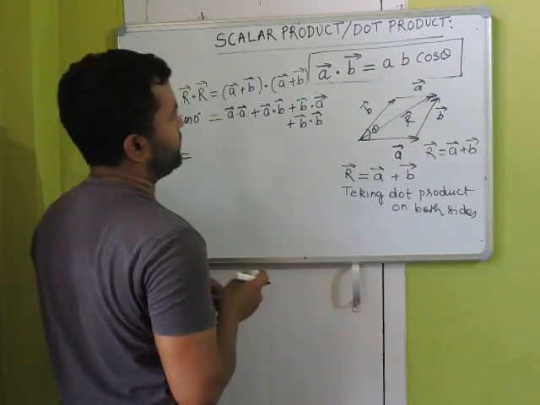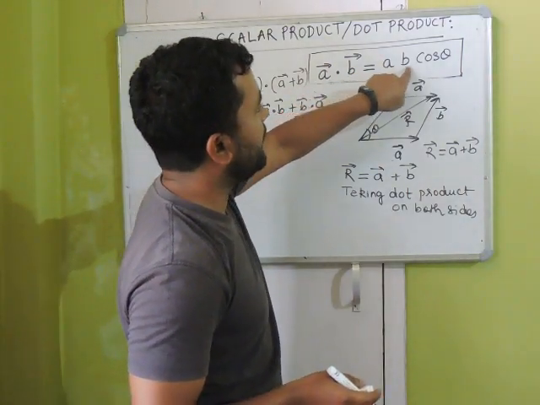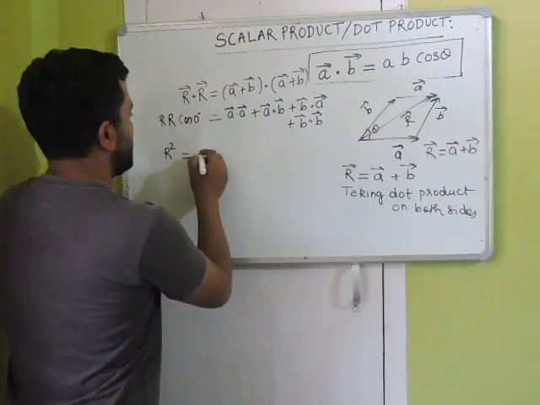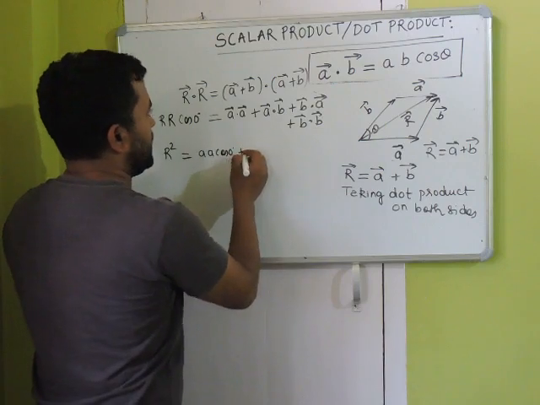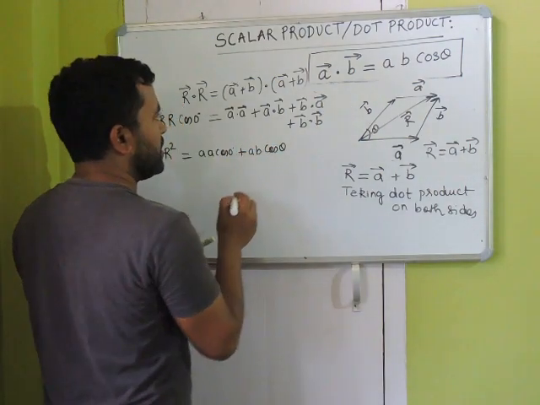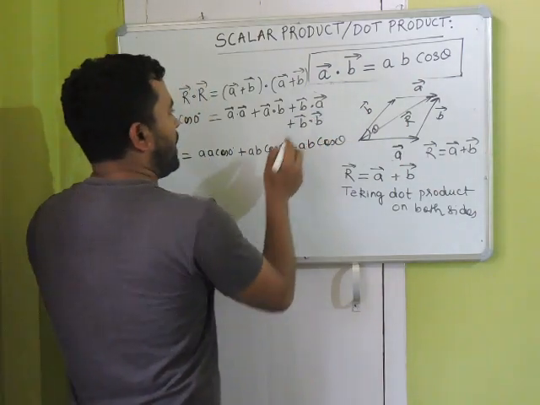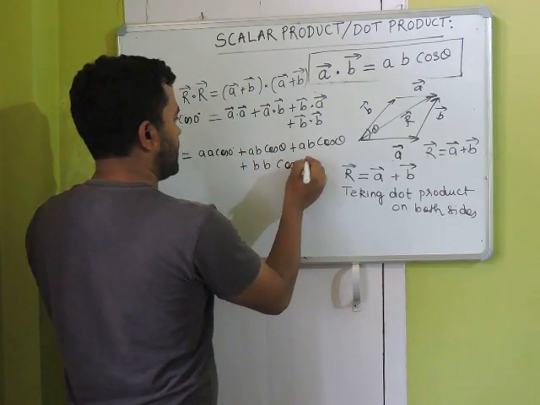a dot a, again use the same idea. a dot a will be a cos 0, since a and a have 0 angle. a dot b, same definition, ab cos theta, angle is theta between them. b dot a, ab cos theta. What is b dot b? b cos 0 degree, right?